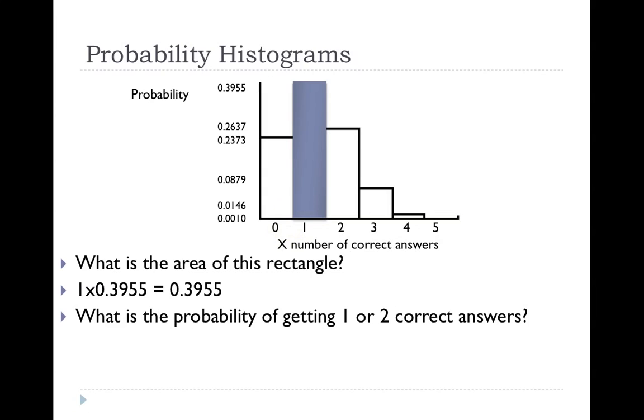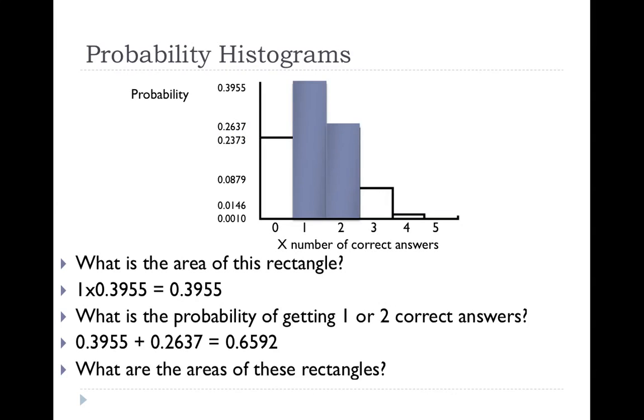What's the probability of getting 1 or 2 correct answers? We take the probability of getting one answer correct, 0.3955, plus the probability of getting 2 answers correct, 0.2637, and we add them up. What are the areas of these 2 rectangles? The area of the first rectangle is 0.3955 because we take the width times the height.